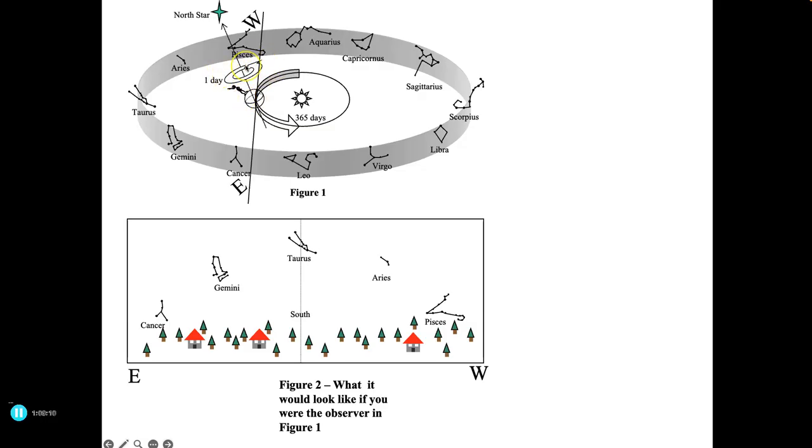It precesses once every 26,000 years. All three of these motions change our view of the sky, but the thing that makes it easy is they're happening at very different speeds, right? The Earth spins once a day, orbits once a year, wobbles every 26,000 years.